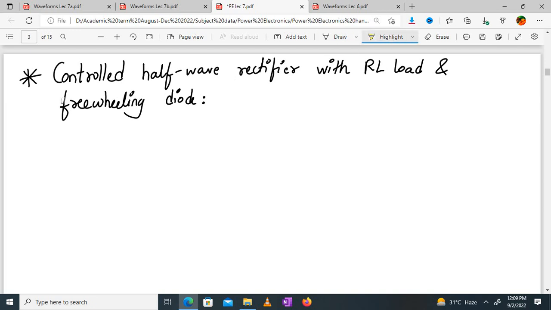This freewheeling diode will be denoted by DFWD, freewheeling diode.